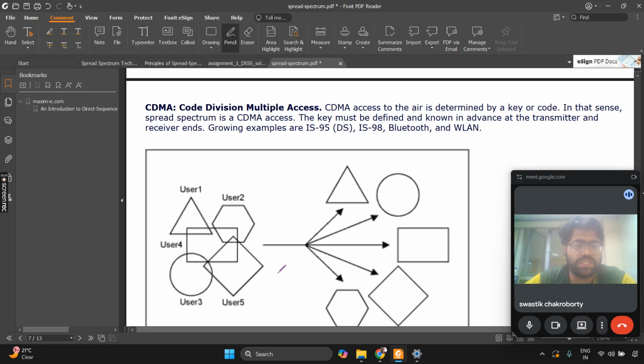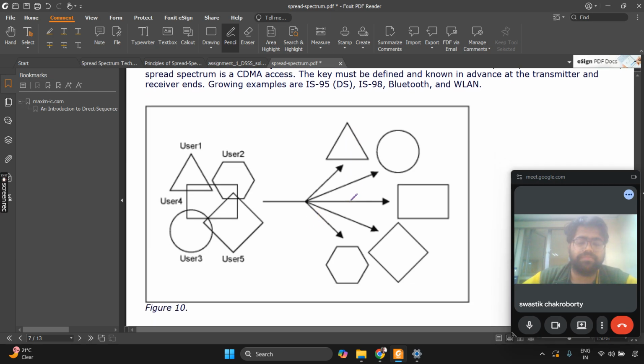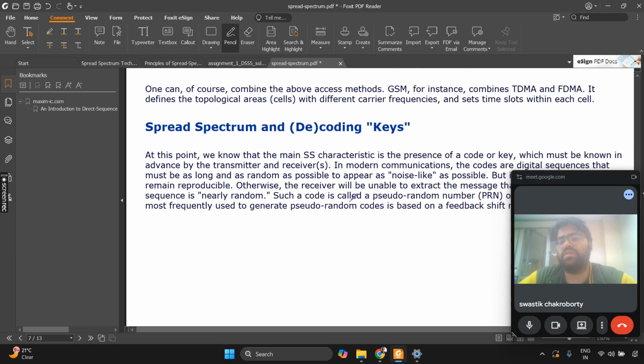So what does it change? Well, it changes the shape of the signal. It is spread, and all the users' signals together are jumbled up such that only the intended receiver can receive the signal.